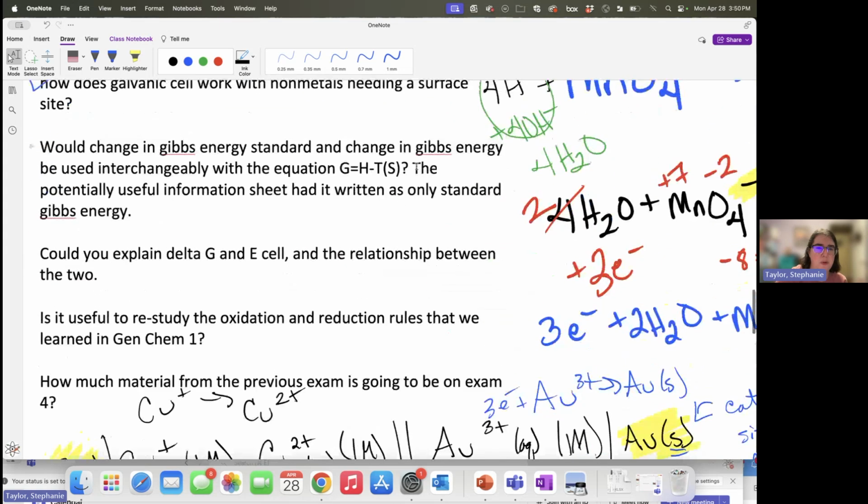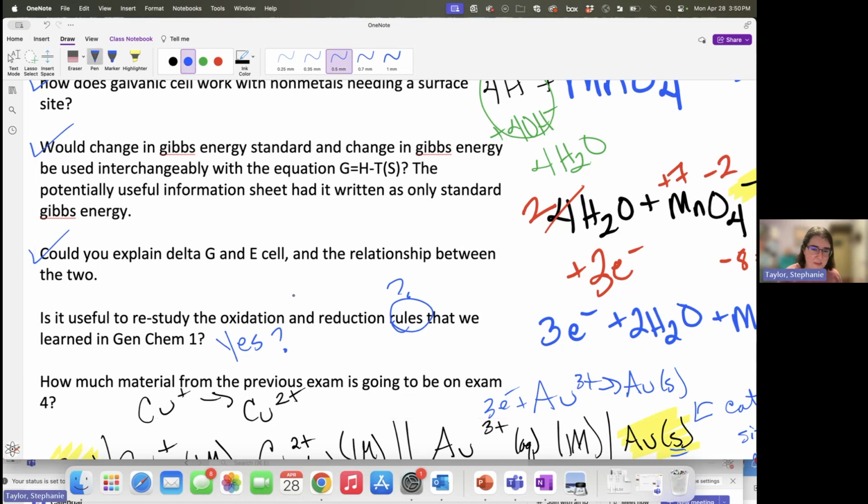I asked lots of conceptual questions. Is it useful to restudy the oxidation and reduction rules that we learned in Gen Chem 1? So I'm going to tentatively say yes, with a question mark, just because I'm not sure what these are.